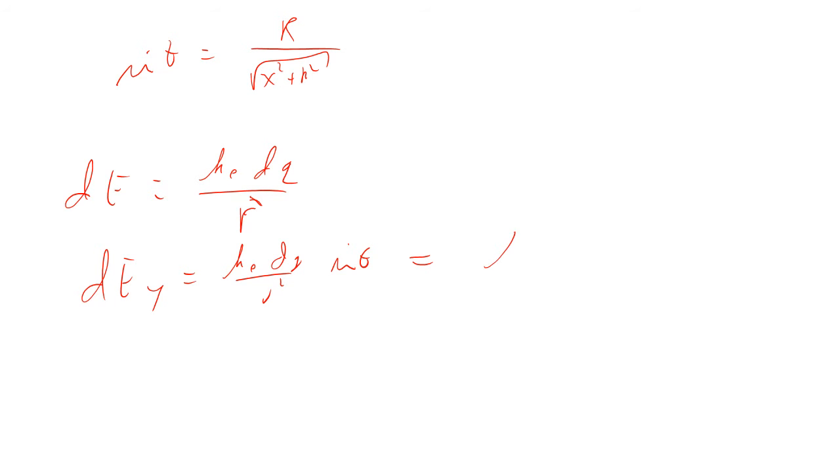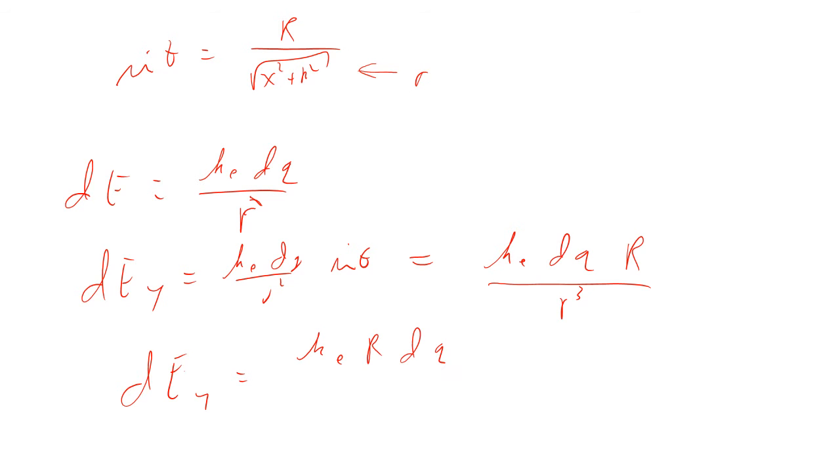So that's going to be k sub e dq R over, well, that was r, so we're going to have r cubed down here. So the dEy is going to be k sub e R dq over x squared plus R squared to the 3/2. Okay. Now what is dq?